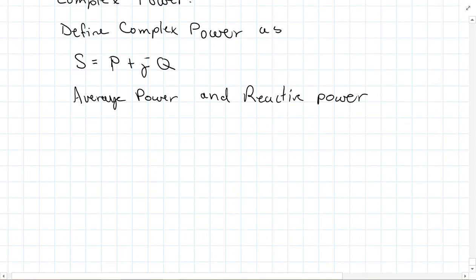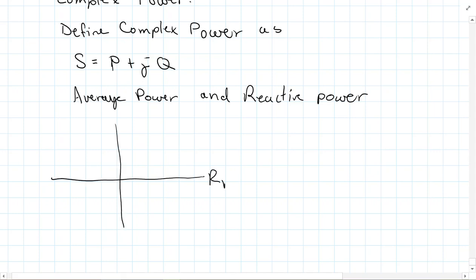If you want to look at what we're doing here, we're defining these again with phasors. As a diagram, we have my real axis and my imaginary axis. The average power is the real power that I can get a hold of and use to turn a crank. But then I might have some imaginary power to maintain magnetic fields, for instance. This vector right here would be S, my complex power.